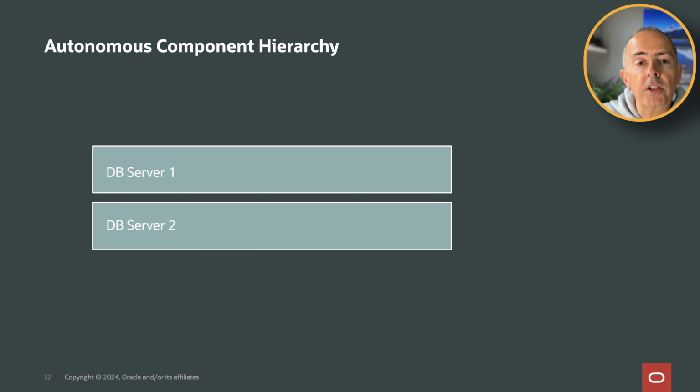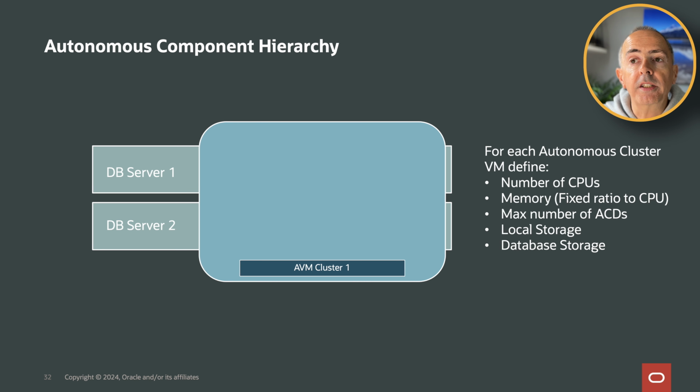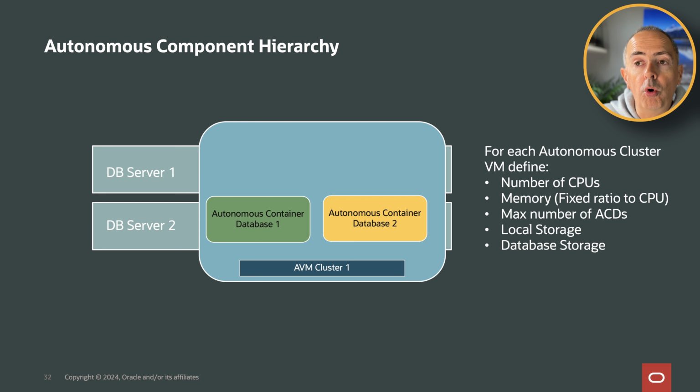So again, we have the concept of clusters, but in this case, we call them autonomous VM clusters or AVM clusters. Now, for each cluster, we're going to define a number of CPUs, a fixed ratio of memory for each CPU, and the maximum number of container databases, and also the storage. So within each cluster, you can create one or more autonomous container databases.